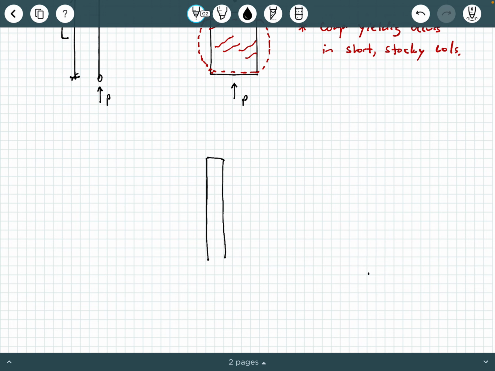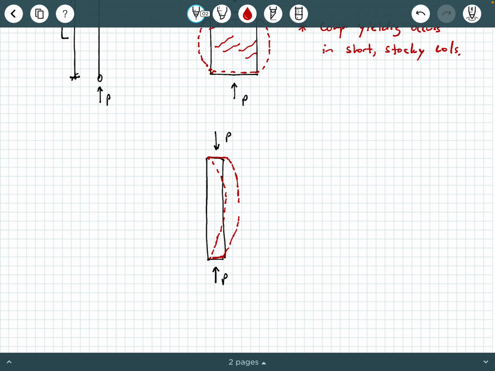So let's say that we have a column here that's much longer, and it's not very stocky, it's very slender, okay? So what will happen when we look at this kind of failure mode is the shape of this column will tend to bow outwards like this, okay? Draw that a little bit better. We'll tend to bow outwards like this, okay?